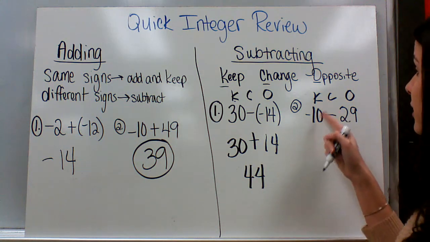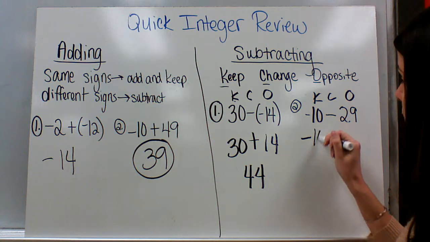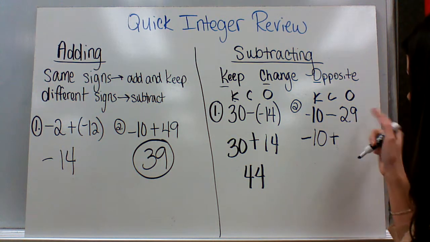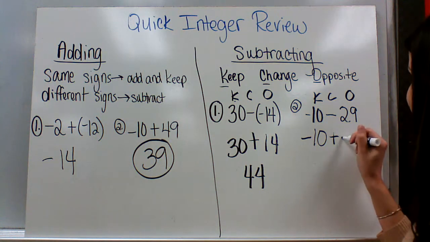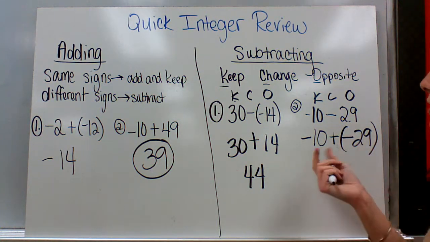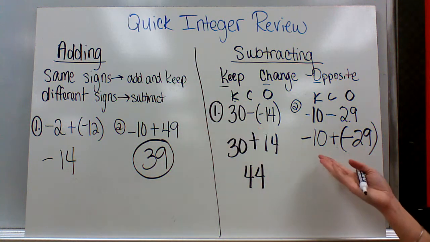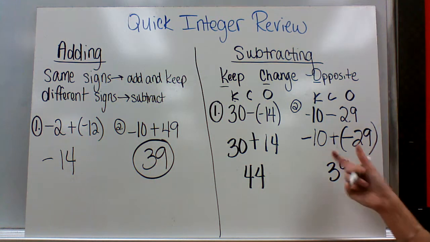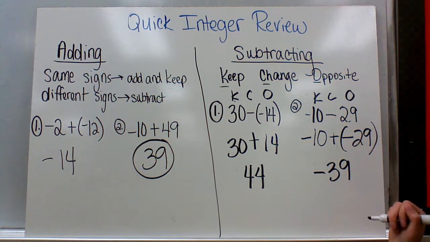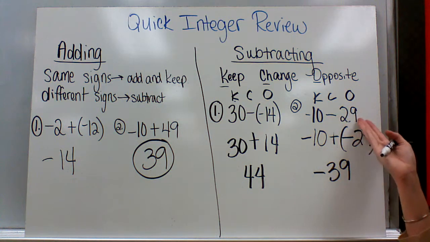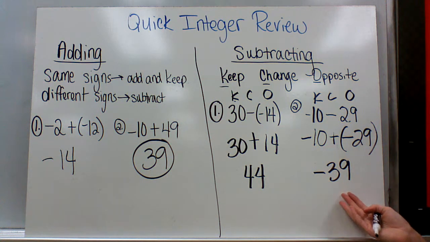So do the keep, change, opposite, and that can help you. -10, change to addition, opposite of 29 is -29. So now using our addition rules, they have the same sign, so you add them together and keep it negative. Okay? So if you borrow 10 and then you borrow 29 more, now you are -39.